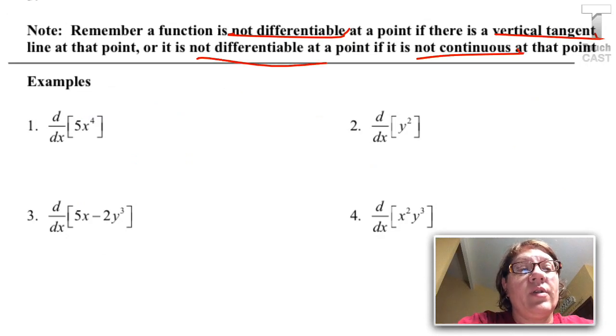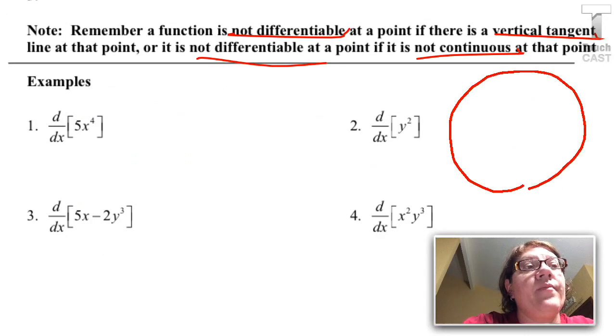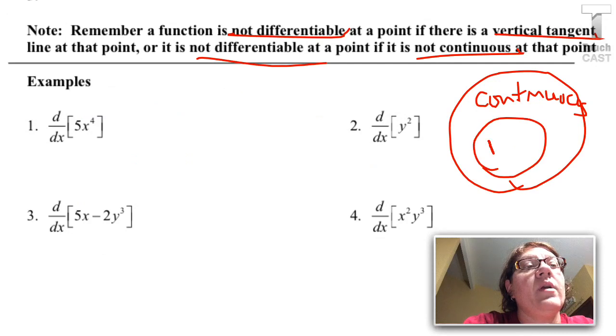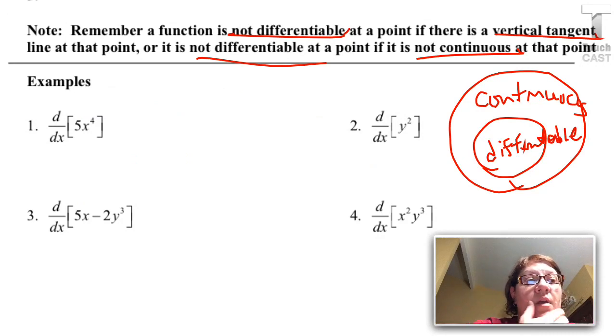One little note that you should probably draw down and sort of ponder over in your head is this. If we drew a Venn diagram and we called this circle continuous, and then inside of it we could put another circle called differentiable.